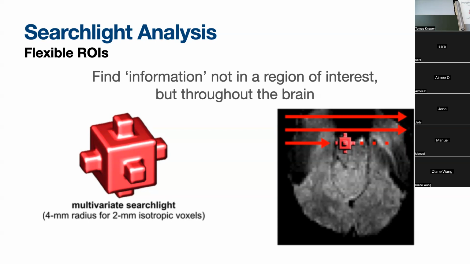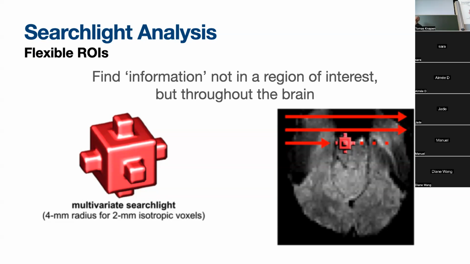What this gives me is a full map of the brain in terms of where information concerning, for example, the difference between faces and houses is encoded, right? Where processing differs between houses and faces. And this is used a lot.